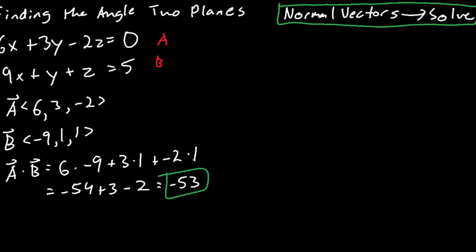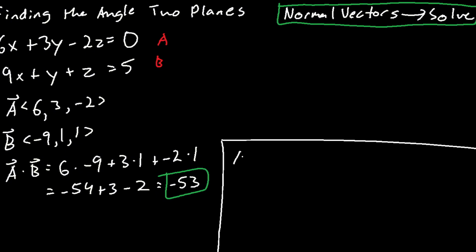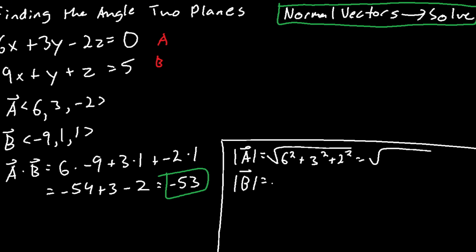So the next step is to find the magnitudes of vectors A and B. The magnitude of vector A is equal to the square root of 6 squared plus 3 squared plus 2 squared. The magnitude of vector B is equal to the square root of 9 squared plus 1 squared plus 1 squared.